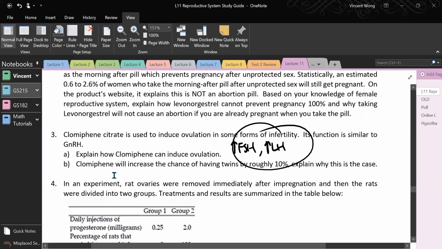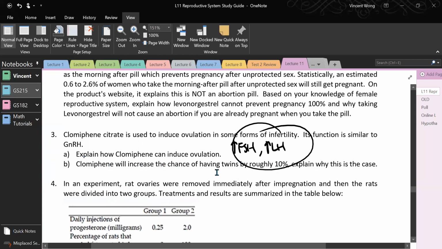And as a side effect, for lack of a better word, of using this, it will also increase the chance of having twins by roughly 10%. Explain why this is the case.